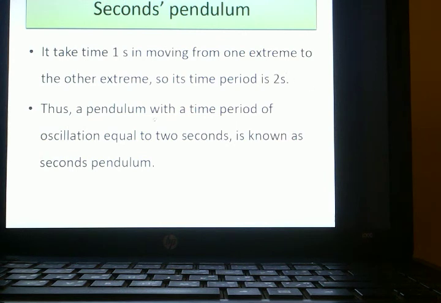Thus a pendulum with a time period of oscillation equal to 2 seconds is known as a seconds pendulum. Thank you.